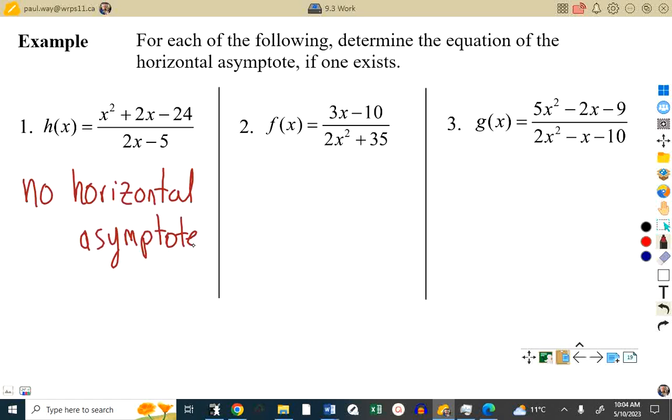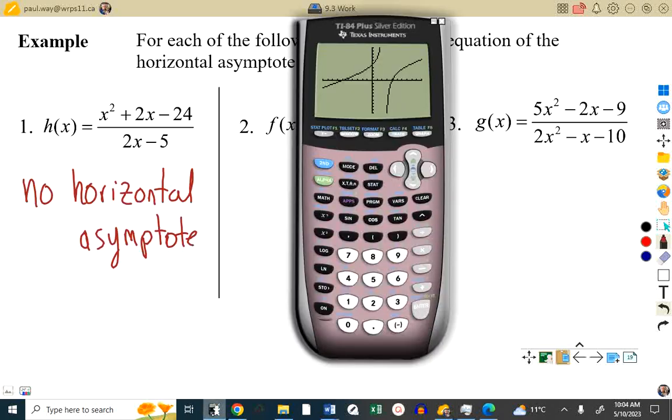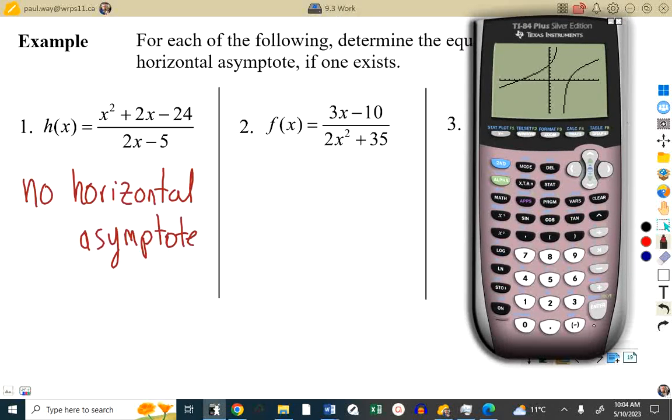You can look at the rule that that leads to, which everybody else doesn't know about yet. Well, let's try the next one. And again, those of you in calculus, you could probably go to sleep for the next 5 minutes because you understand this. The next one is y equals 3x minus 10, over, in brackets, 2x squared plus 35.